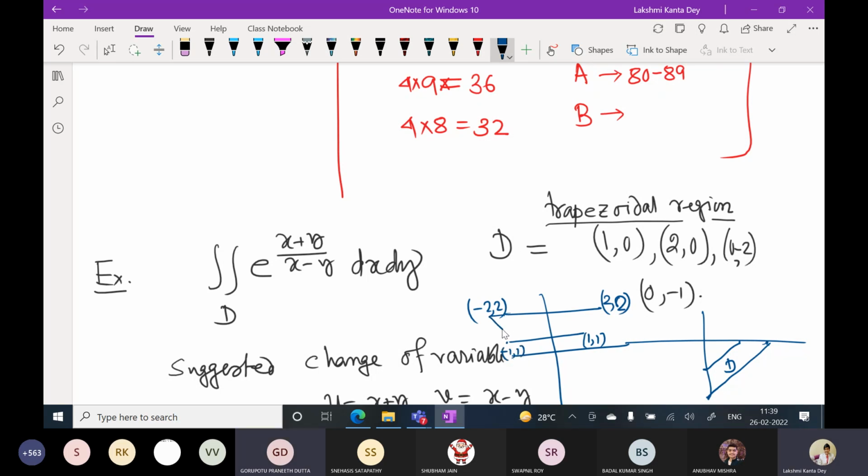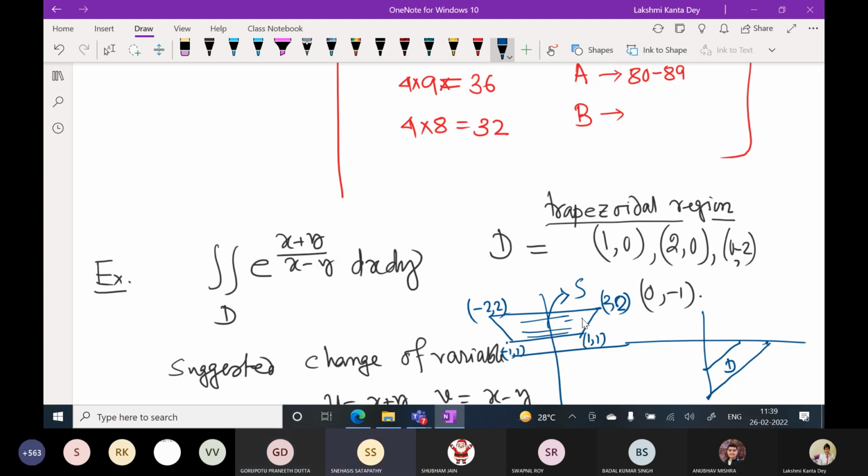So this thing is basically your S, this region. This is again a trapezoidal region, and this is u equal to v and this is u equal to minus v.